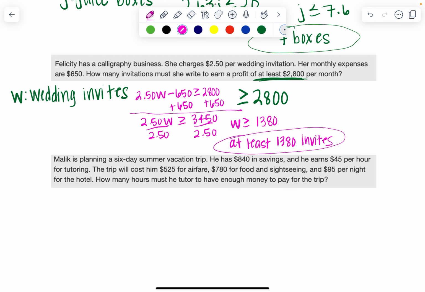Malik is planning a 6-day summer vacation trip. He has $840 in savings, and he earns $45 per hour for tutoring. The trip will cost him $525 for airfare, $780 for food and sightseeing, and $95 per night at the hotel. How many hours must he tutor to have enough money to pay for the trip?